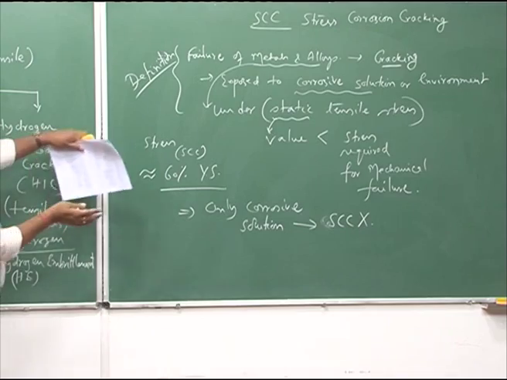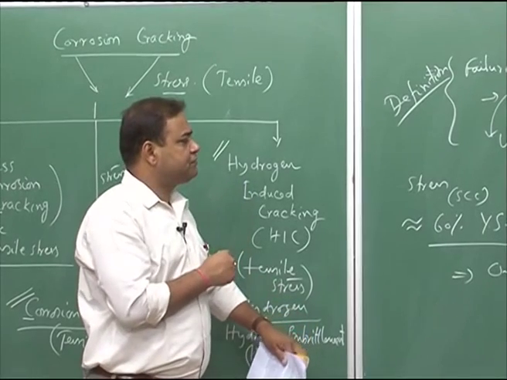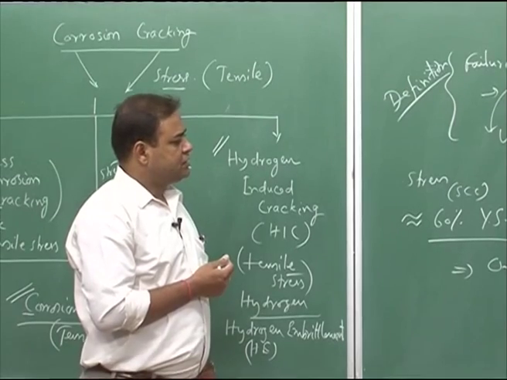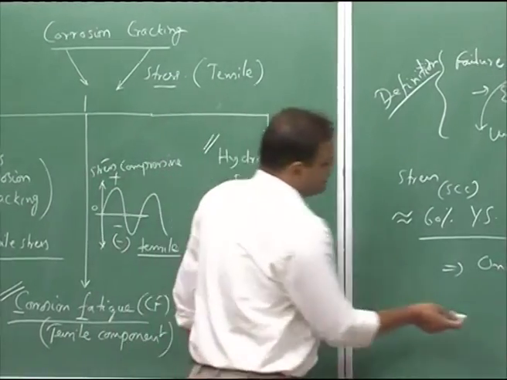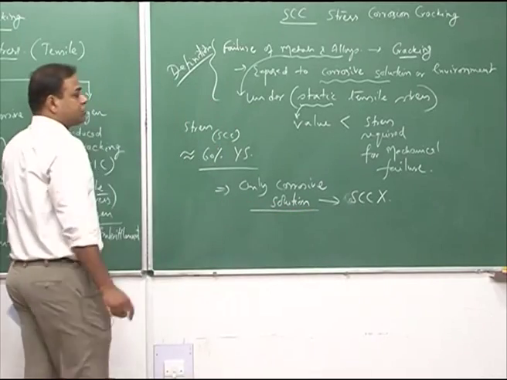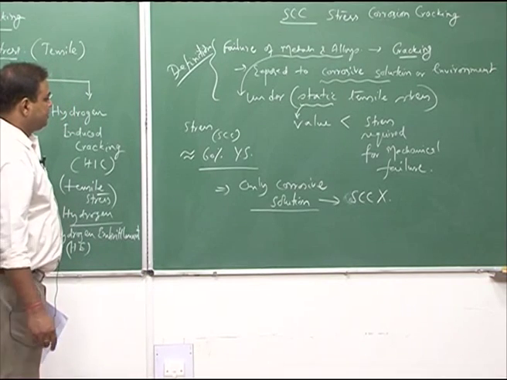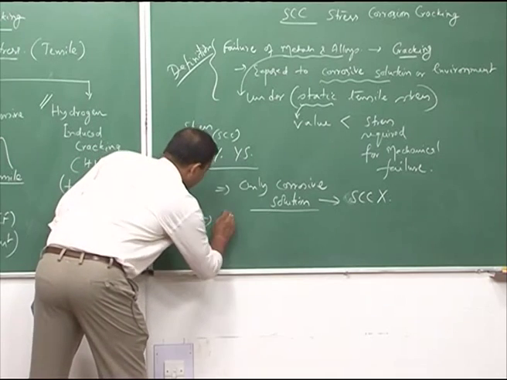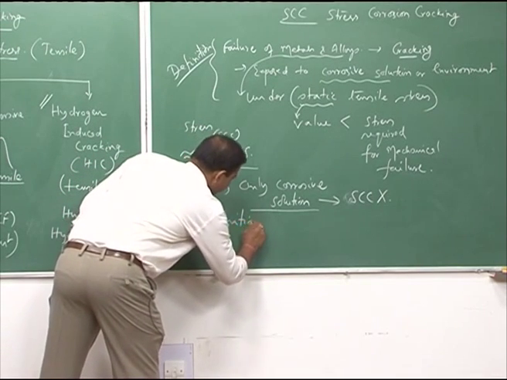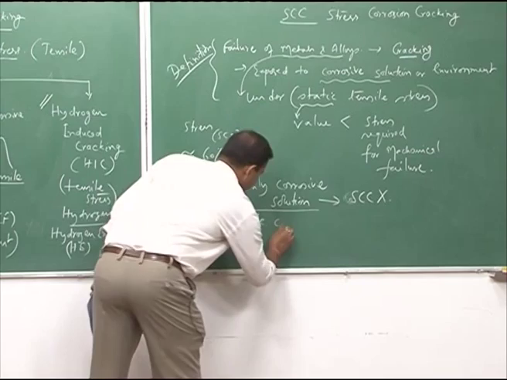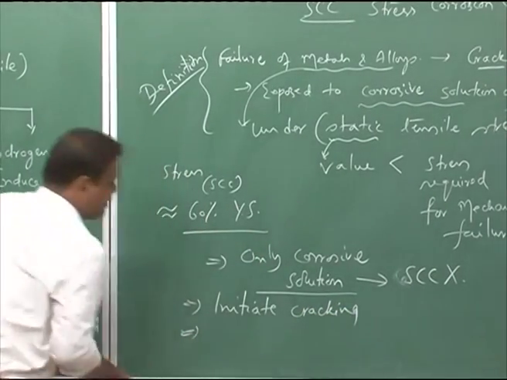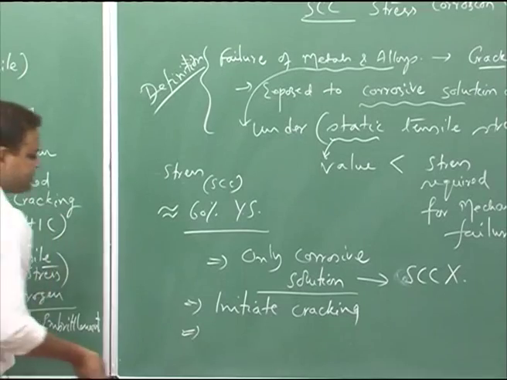That means you must have the combination of corrosive solution as well as static tensile stress. Now, the question is, what would be the action of this corrosive solution? It can initiate the cracking, or it can act during the propagation.